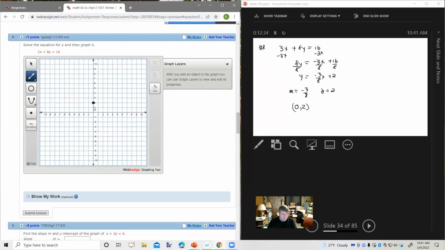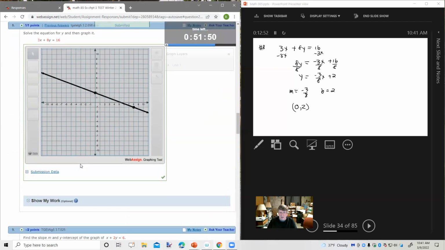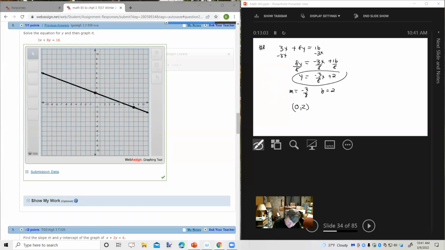From there, I'm going to go down 1, 2, 3, and over 8. So my points are (0, 2) and then (8, -1). Let's see what we get there. Now, I could have also just found other ordered pairs, but when it's in slope-intercept form, why not take advantage of the slope and the y-intercept?